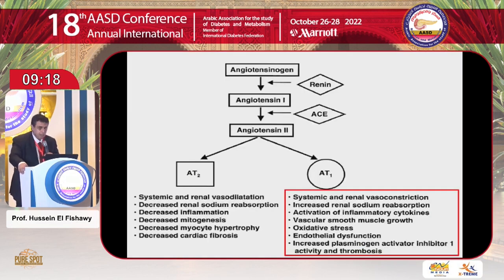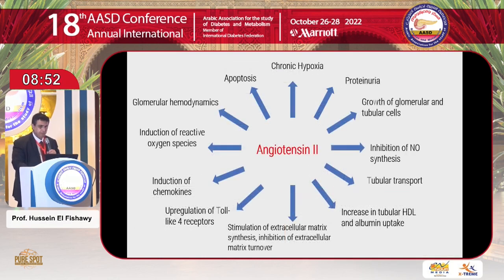But beyond these hemodynamic effects, angiotensin II, through its action on angiotensin 1 receptors, will activate inflammatory cytokines, vascular smooth muscle growth, oxidative stress, endothelial dysfunction, increase plasminogen activator inhibitor 1 activity and thrombosis, with of course the inflammatory cascade and the profibrotic process inside the kidney. So angiotensin is very deleterious.